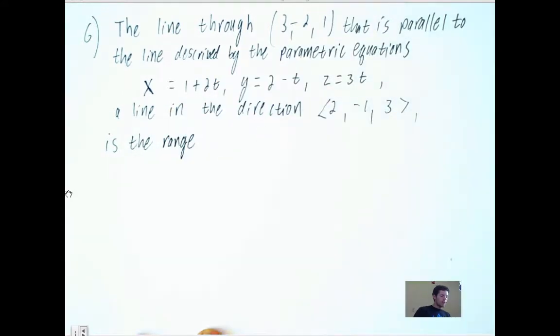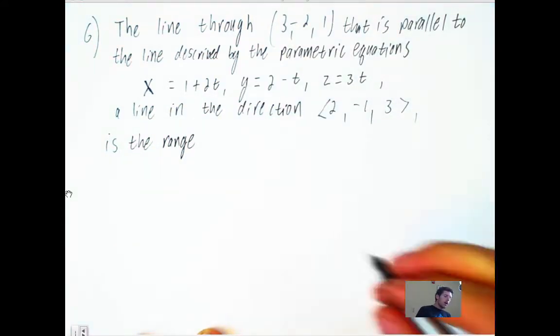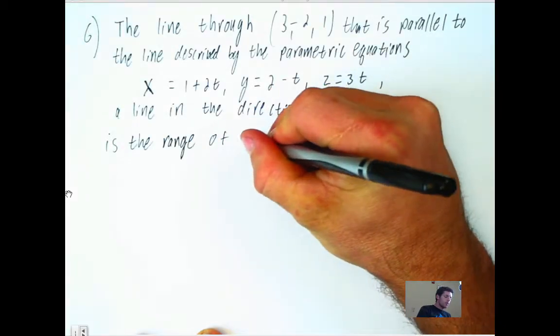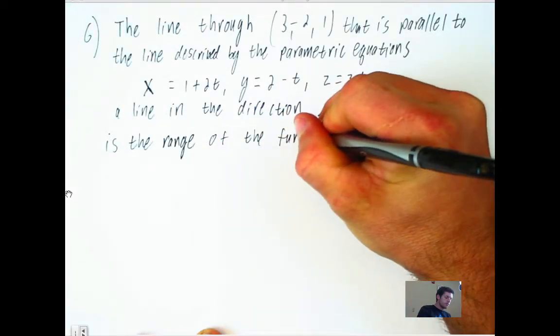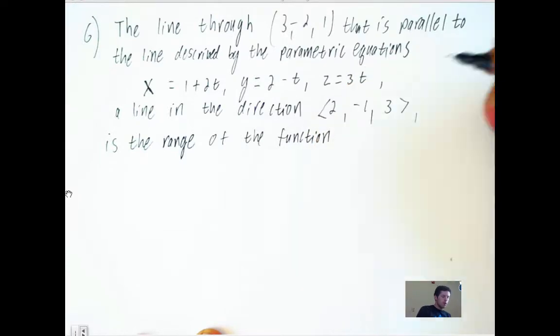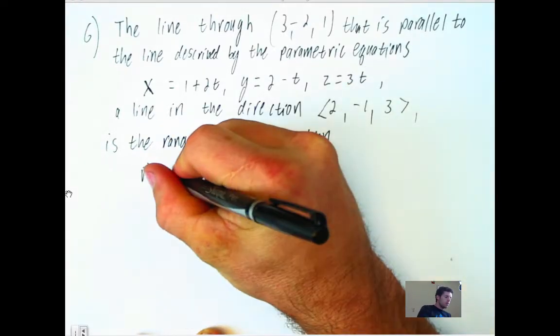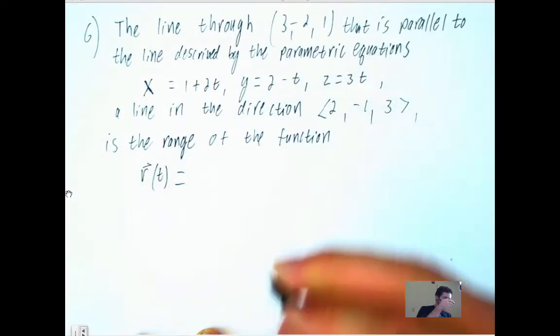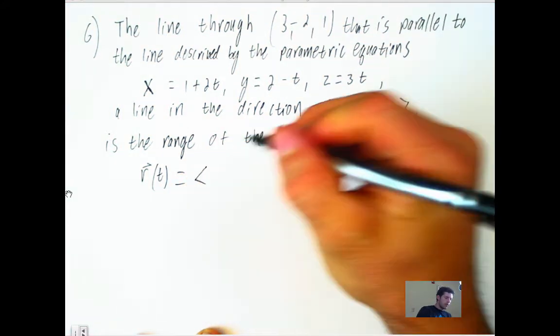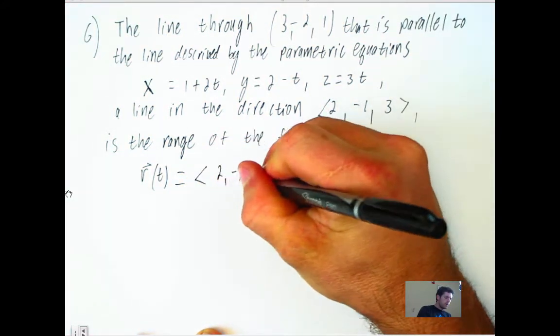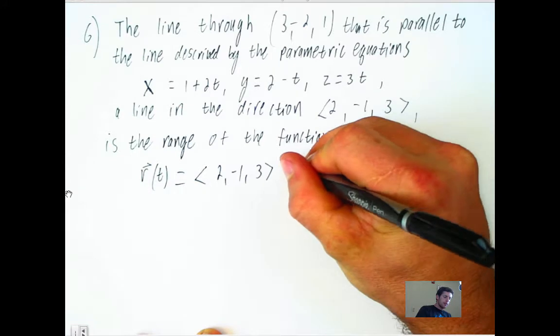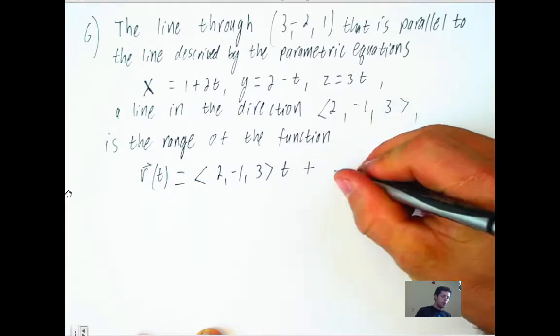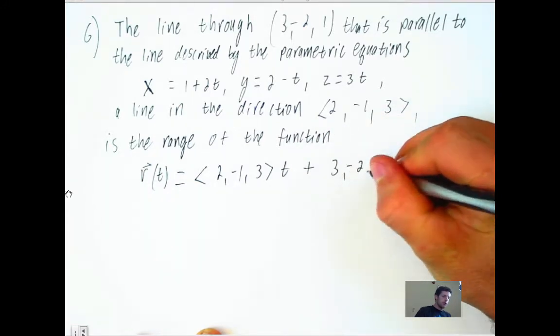I want to make sure I'm talking about the right thing here, of the function r of t is, now I want the direction 2, negative 1, 3 times t plus the initial point 3, negative 2, 1.